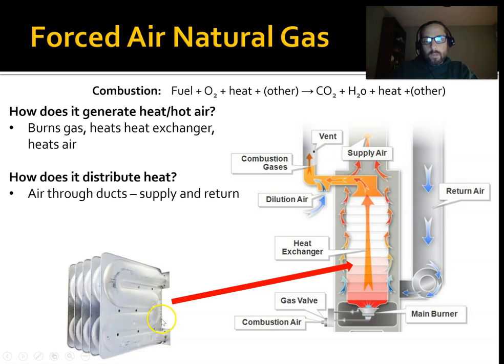What happens is you have natural gas burners that burn the natural gas, which heats up the air, and then the air gets buoyant and goes up through these heat exchangers in this cabinet.